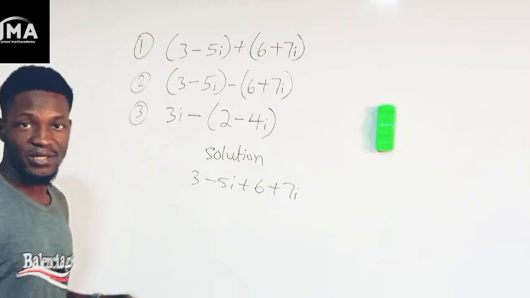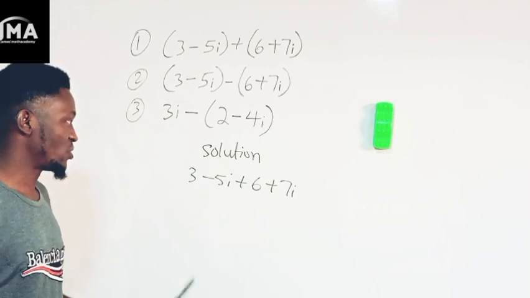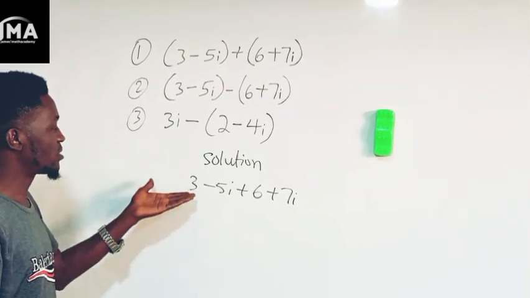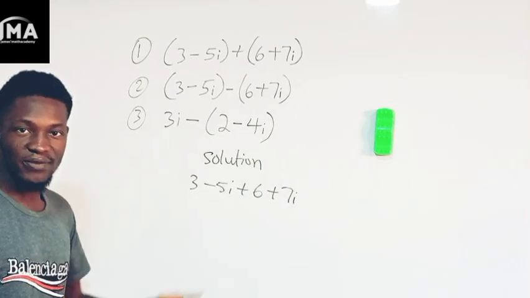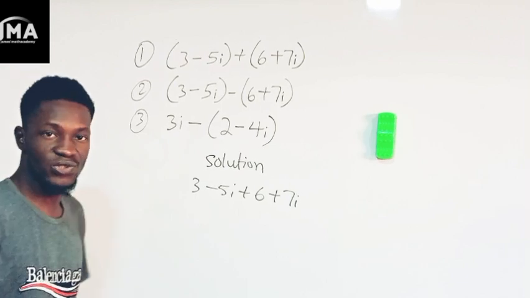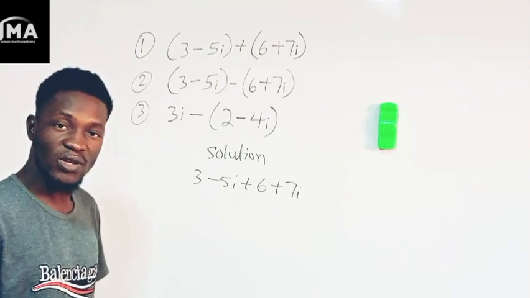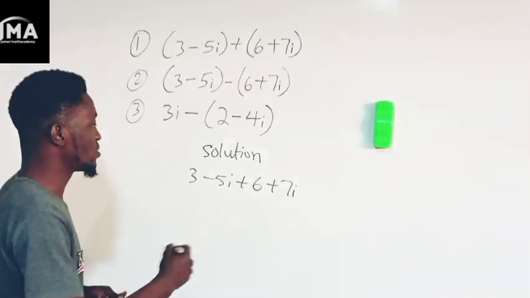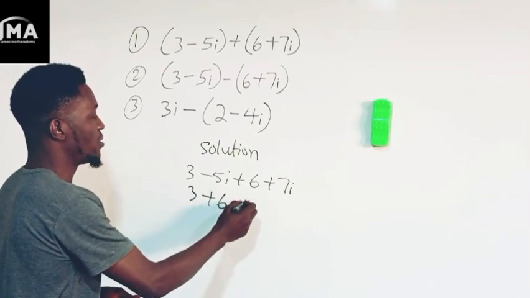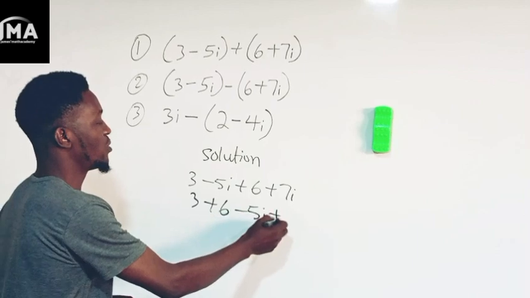I have to remove the brackets because there's nothing attached to them. Definitely, 3 cannot combine with 5i because they are different terms. So what you're going to do is collect like terms, and if you collect like terms, you get 3 plus 6 minus 5i plus 7i.